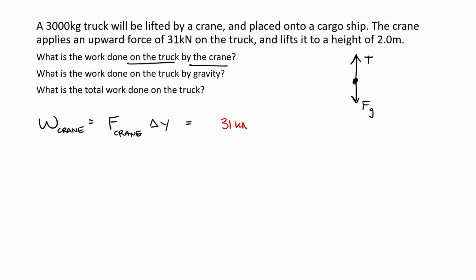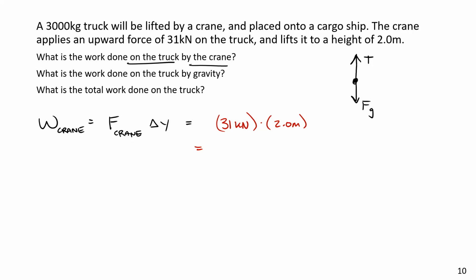This becomes just 31 kilonewtons. Got to remember it's kilonewtons. Times 2.0 meters. So it should be about 62 kilojoules. I could transfer it back to regular newtons and then find regular joules.